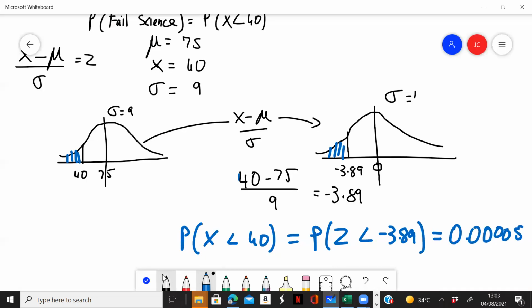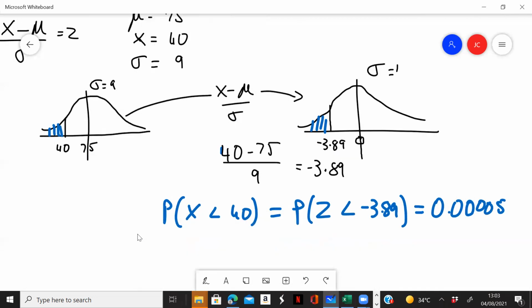Here you might tell me, but wait a second. In science, we had a situation where we had a lot of failures. How come we have such a small probability here? The reason is this. We have made the big assumption that our distribution for the entire population remained the same.